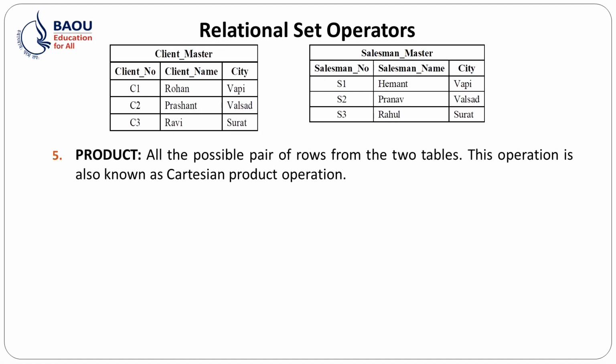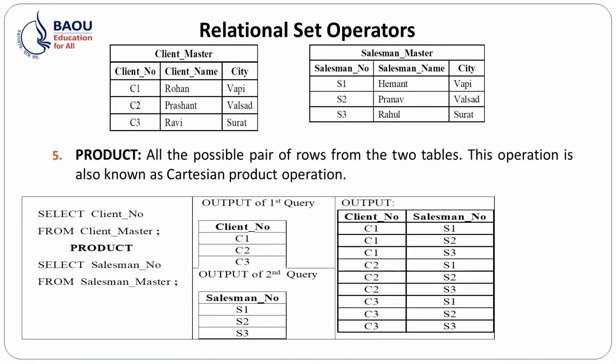For example, if one table has 3 records and another table has 3 records, the product operation will display 9 records. It is like a multiplication operation. The product operation is performed between the client master table and the salesman master table. The output of the product operation is shown below.